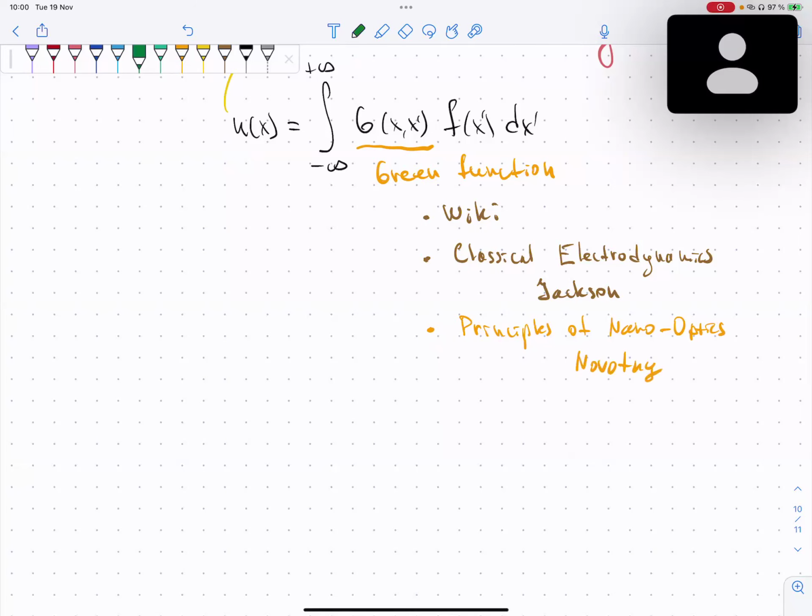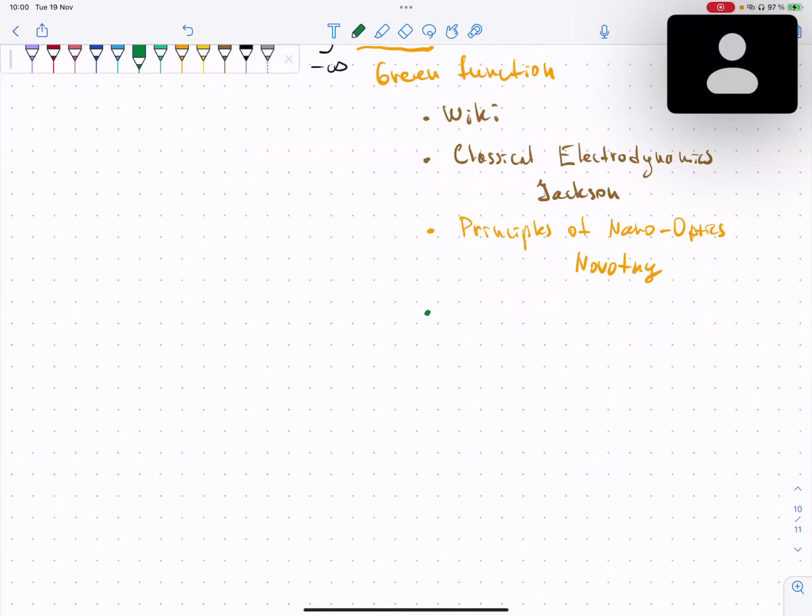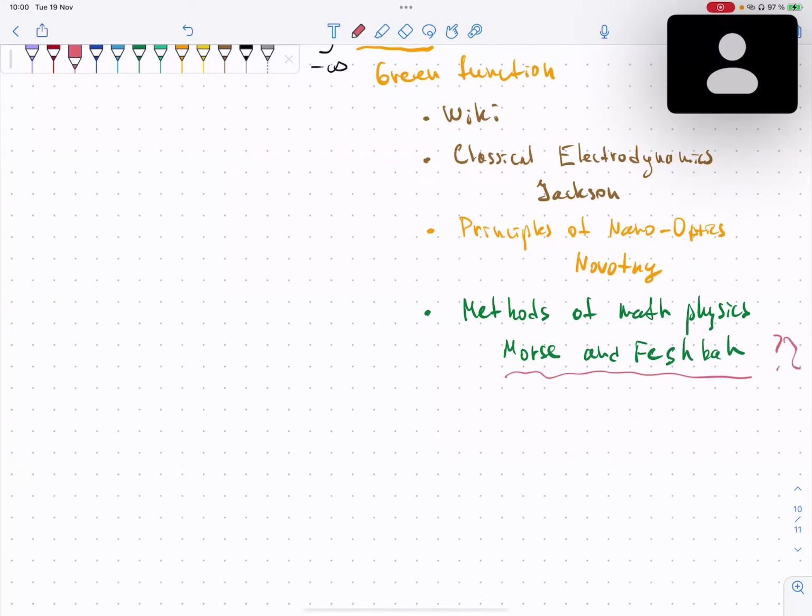And I think a more mathematical approach is, if I remember correctly, Methods of Mathematical Physics by Morse and Feshbach, something like this. I don't really remember the names, but I think you will be able to find this on the internet.